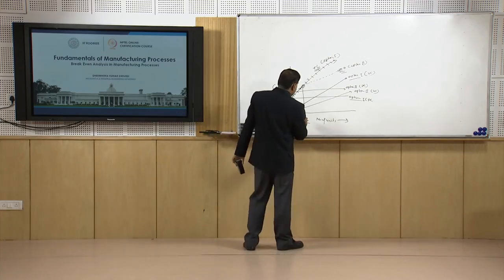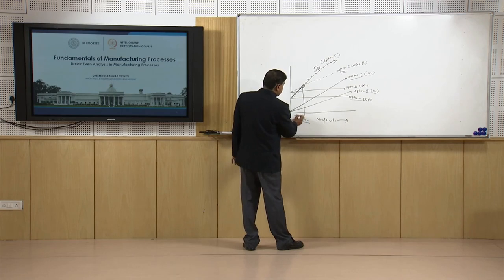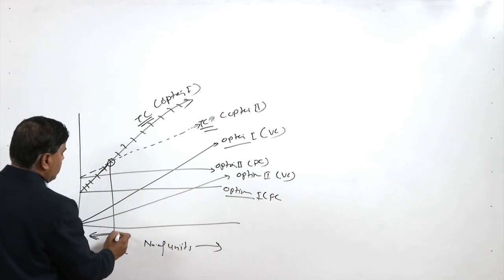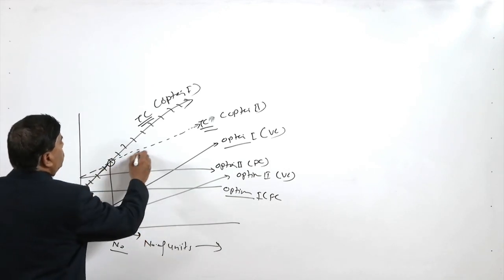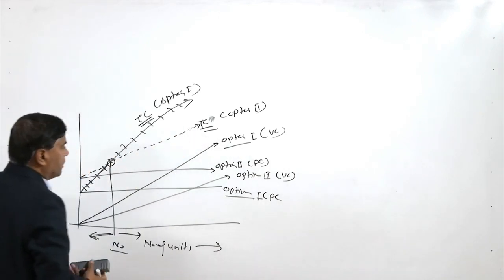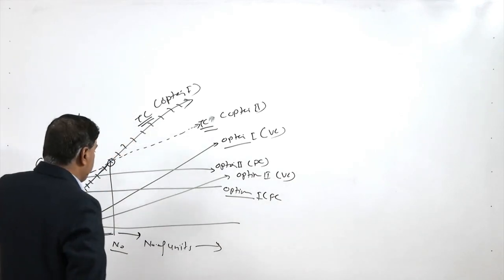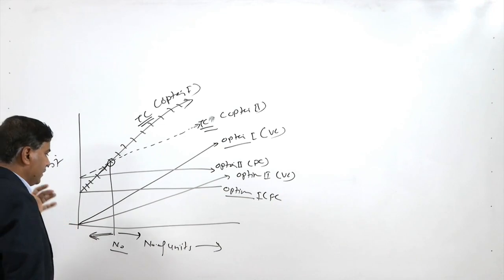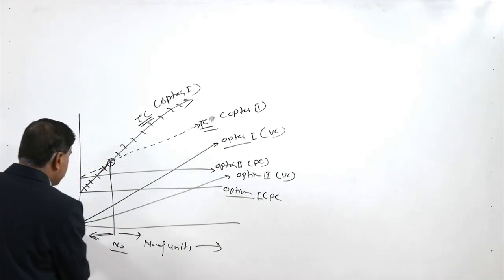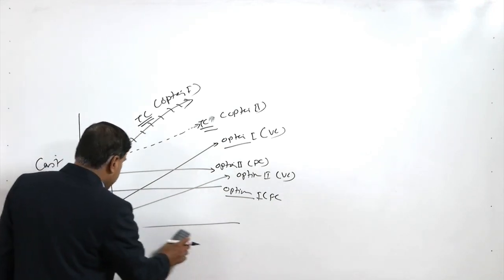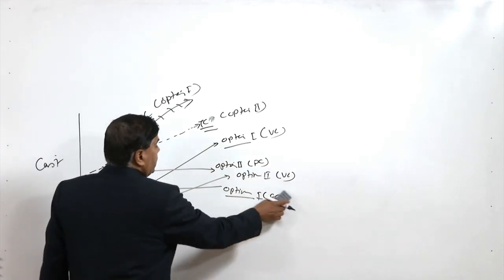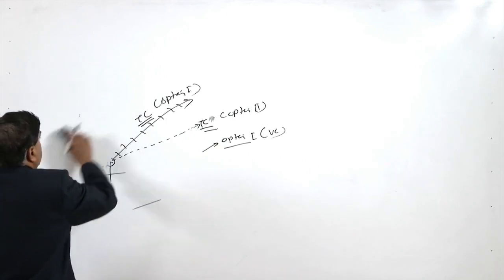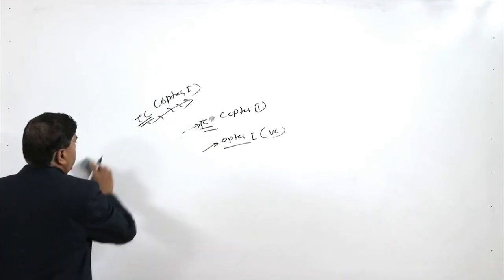For values less than this number, option 1 will be suitable, and for values greater than this number, option 2 will be cheaper in terms of total cost. So, the number of units to be made becomes the significant factor in determining which option is to be chosen for selecting a particular manufacturing process.